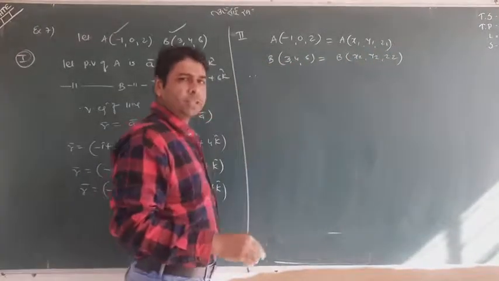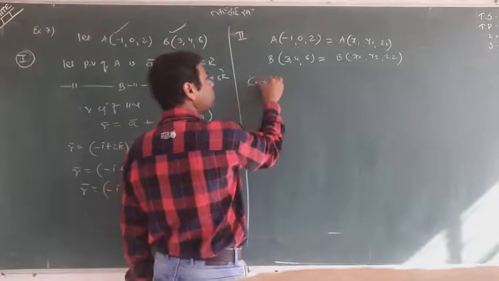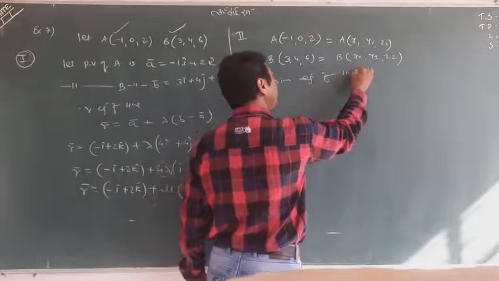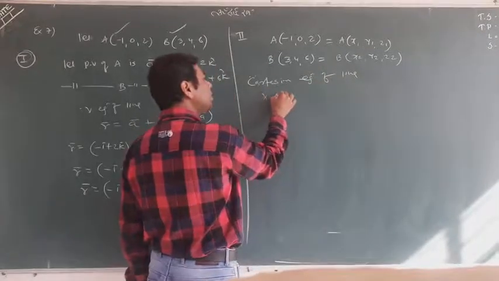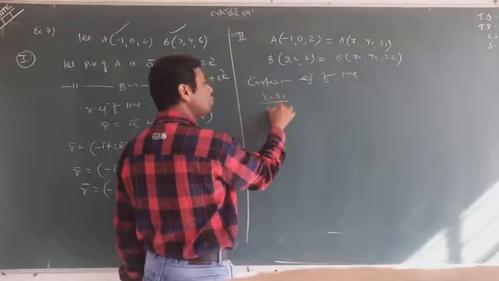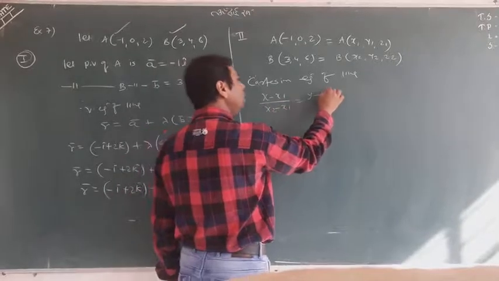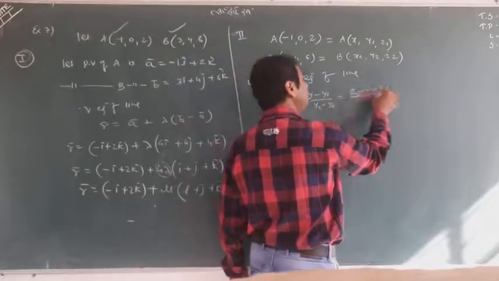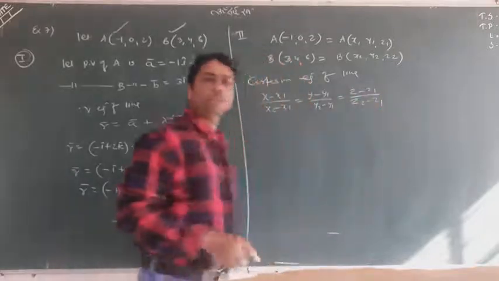The Cartesian equation of the line has the formula (x - x1)/(x2 - x1) = (y - y1)/(y2 - y1) = (z - z1)/(z2 - z1).